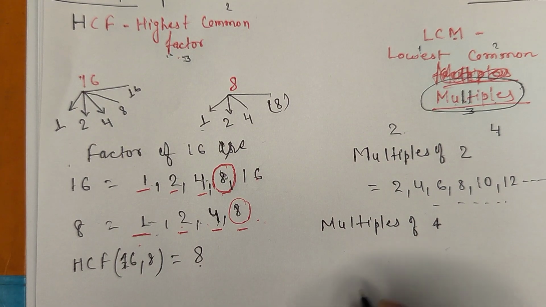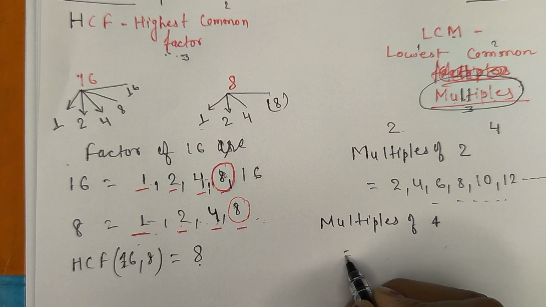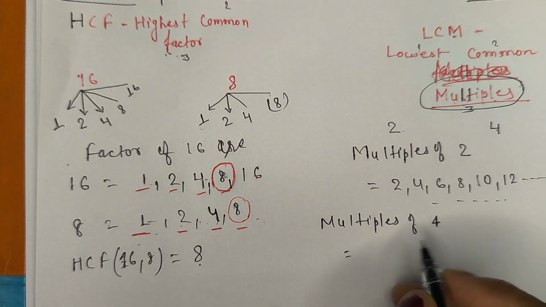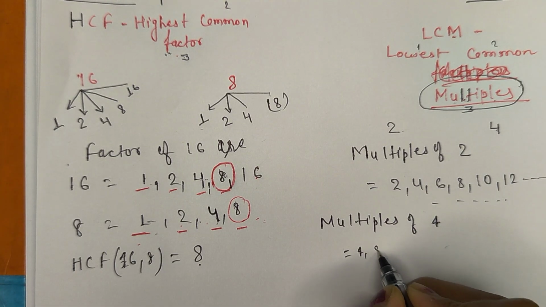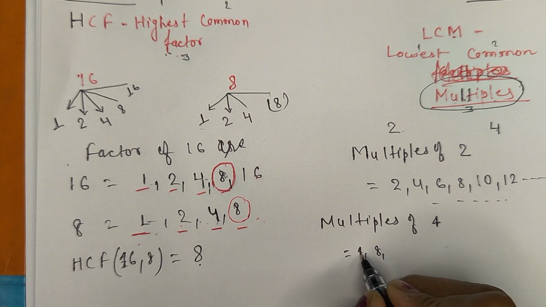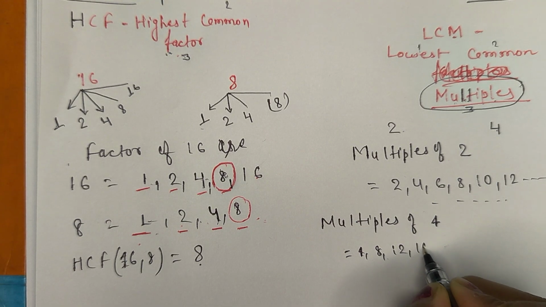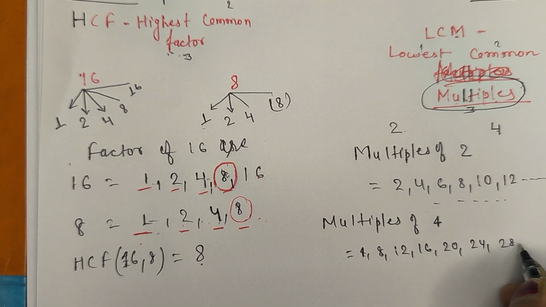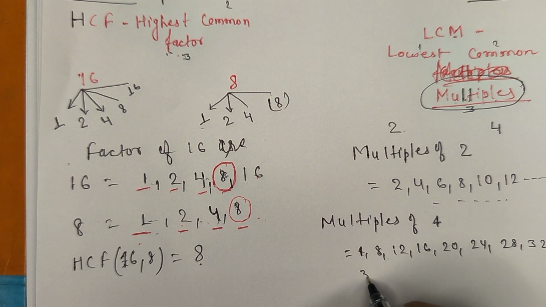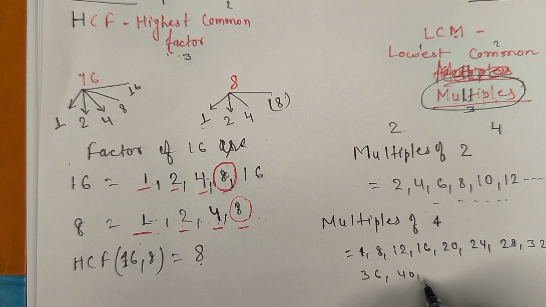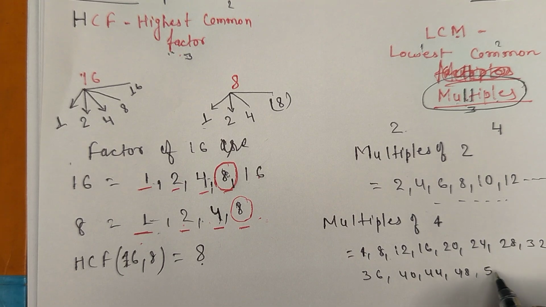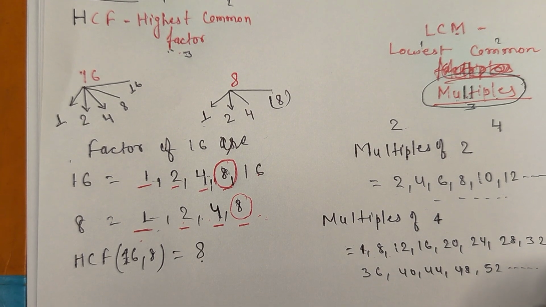We write the table of 4, and not only up to 4 tens of 40, it is also endless: 4, 8, 12, 16, 20, 24, 28, 32, 36, 40, 44, 48, 52 like that. It is also endless.